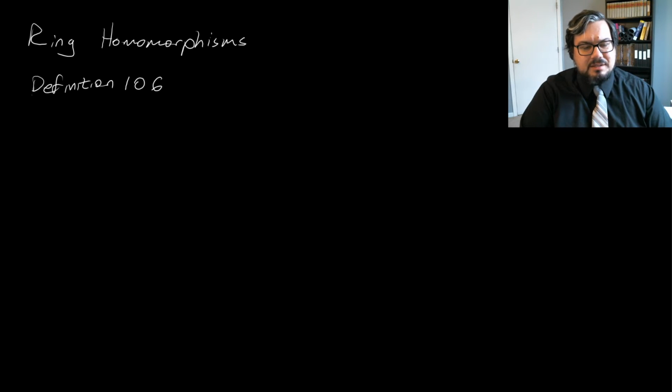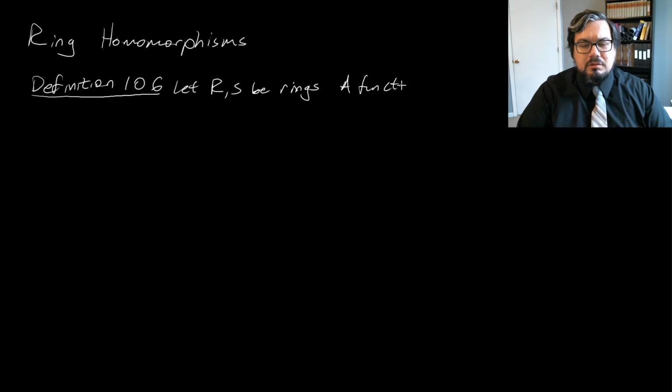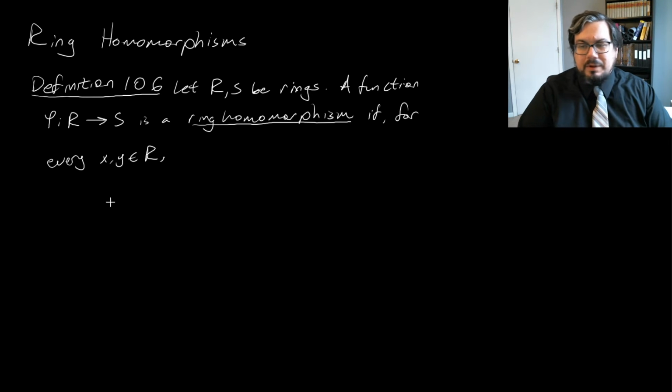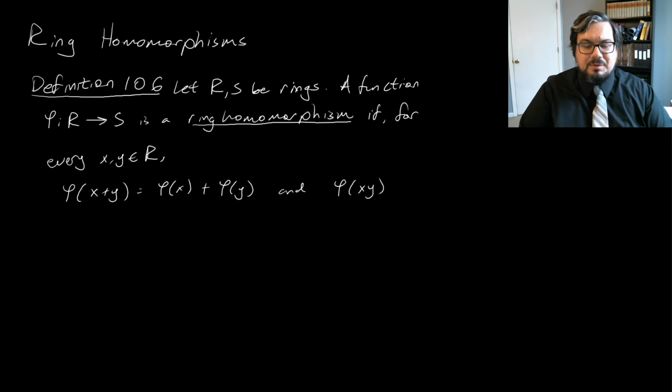Definition 106. Let R and S be rings. A function phi from R to S is a ring homomorphism if for every x and y in R, we have that phi of x plus y is equal to phi of x plus phi of y, and phi of x times y is equal to phi of x times phi of y.